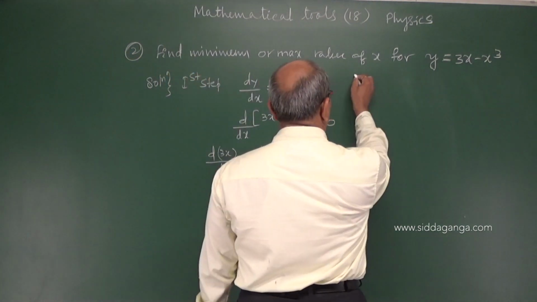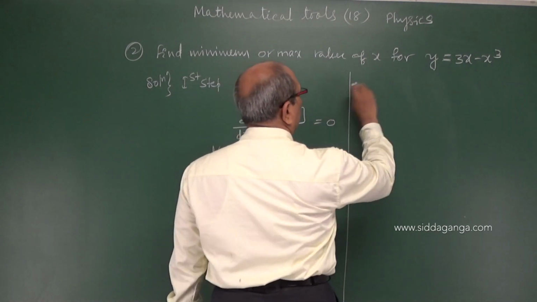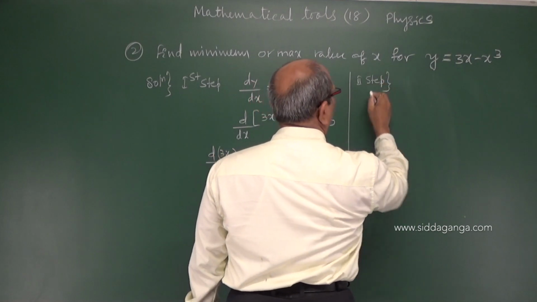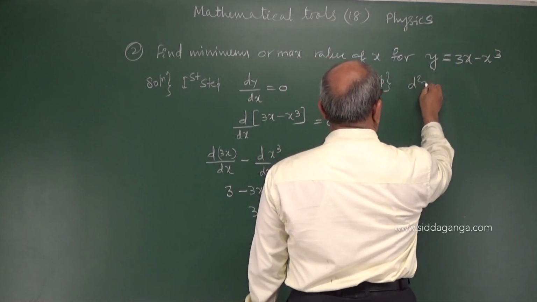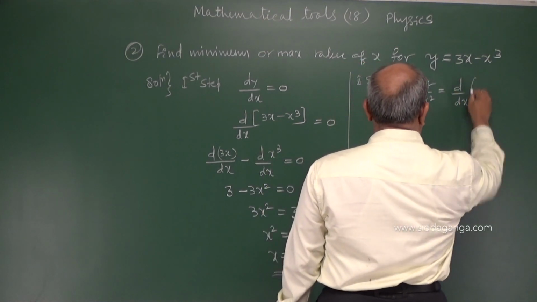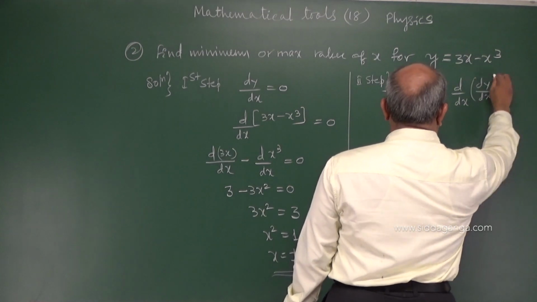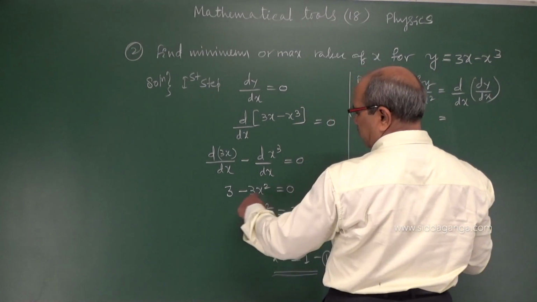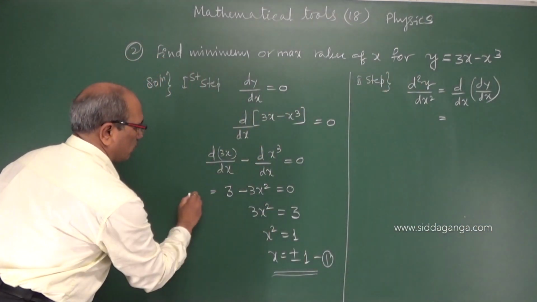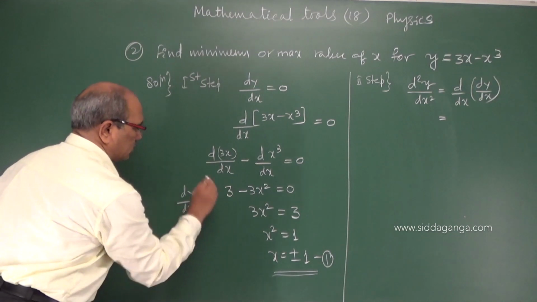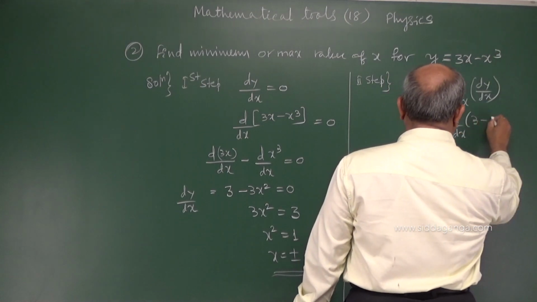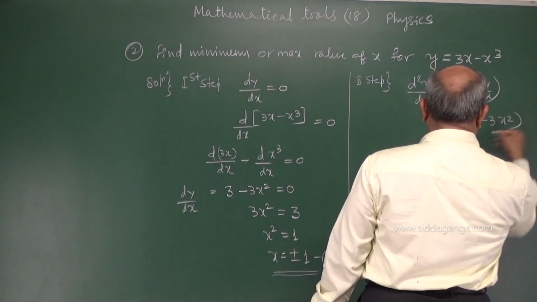Suppose I substitute here. In the second step, d square y by dx square is nothing but d by dx of dy by dx, which we already have in the equation: d by dx of 3 minus 3x square.